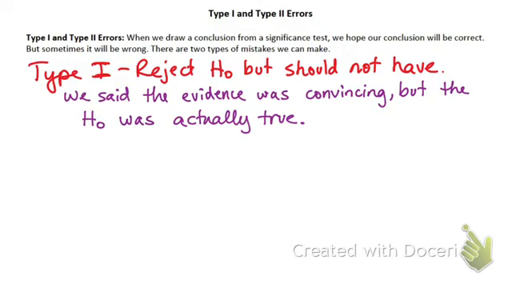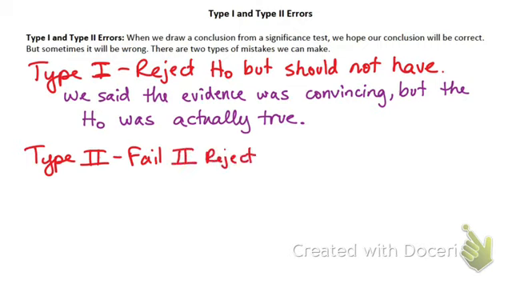Type 2. A type 2 error is when we fail, watch this, fail to reject the null hypothesis. Why did I write it like that? This is to help you remember which one of the errors can happen in which situation.